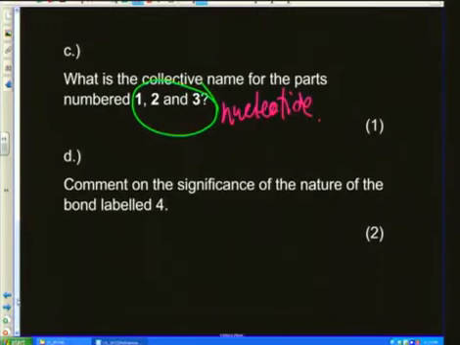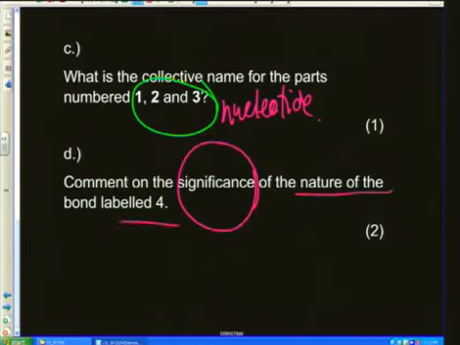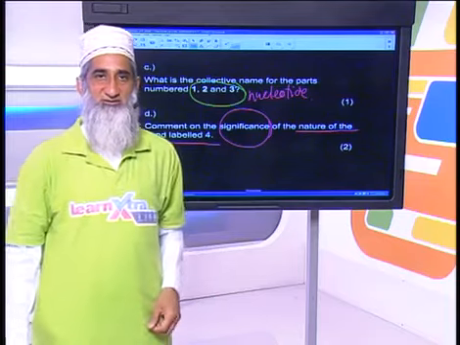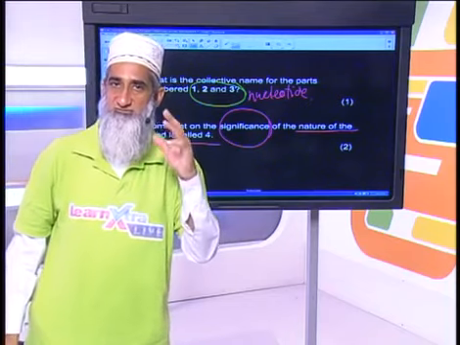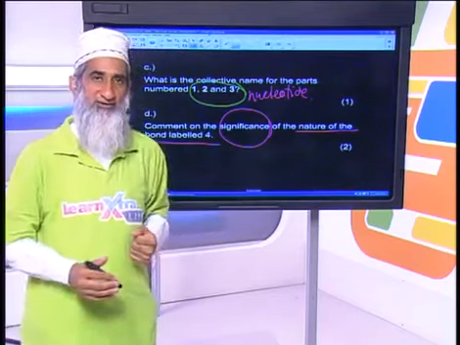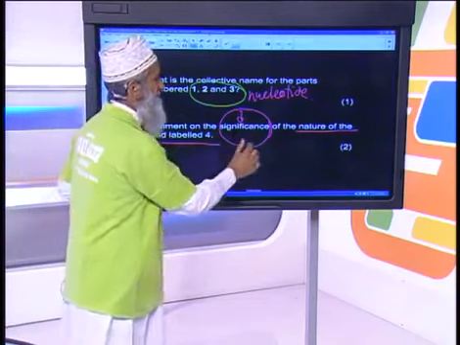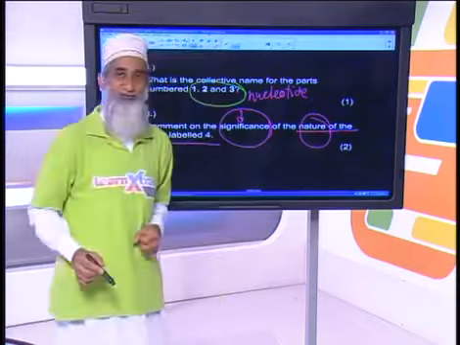I'm hoping we're together. Comment on the significance of the nature of the bond labeled 4. I love this question. I love to ask this question. What do we mean by significance? Significance means, why is it there? What's so good about having this type of bond? So you can't comment on the significance if you don't know the nature of the bond.